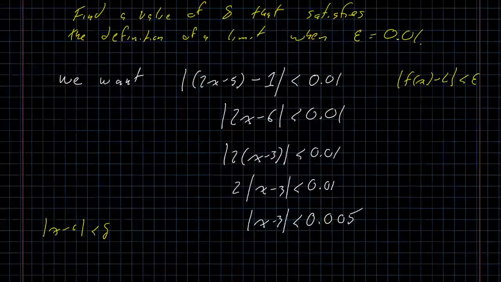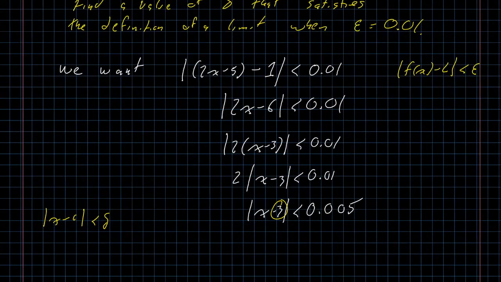So our goal was to get the absolute value of x minus 3 less than delta. So delta equals 0.005 will work. Any value of delta smaller than that will also work, but delta equals 0.005 definitely is a value that works, and that's good enough for me.